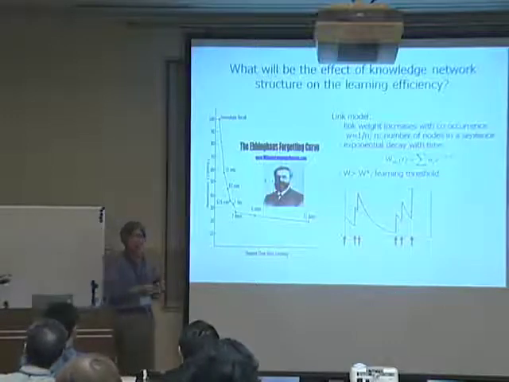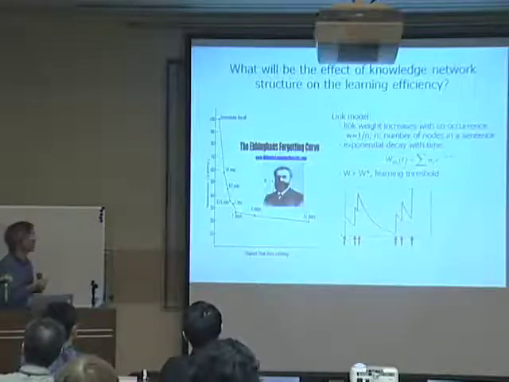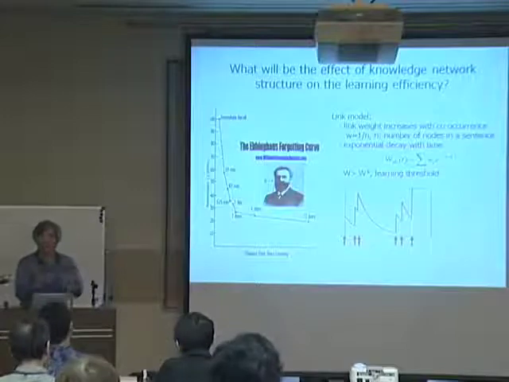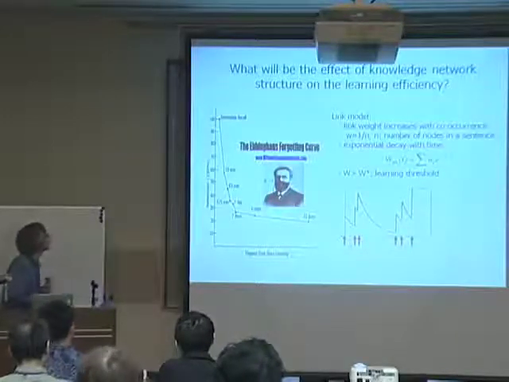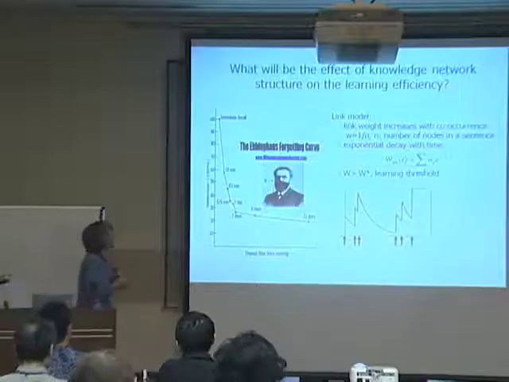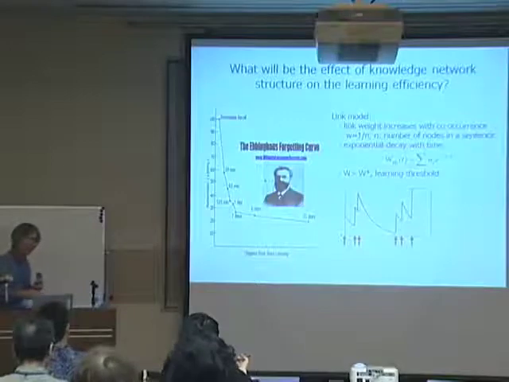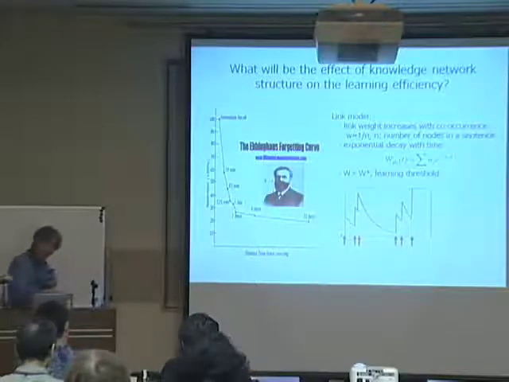Now we want to know what the effect of a large network structure is on learning efficiency. What is the relation between learning efficiency and the structure? For that, we are using the Ebbinghaus forgetting curve. The capacity of learning depends exponentially.